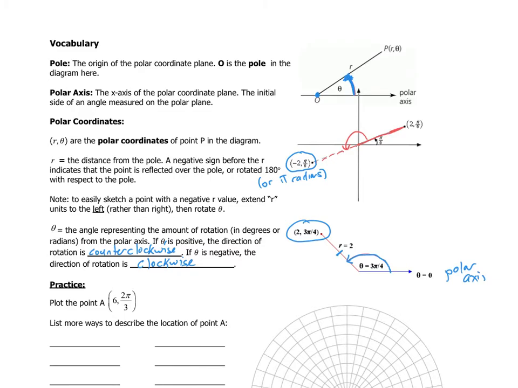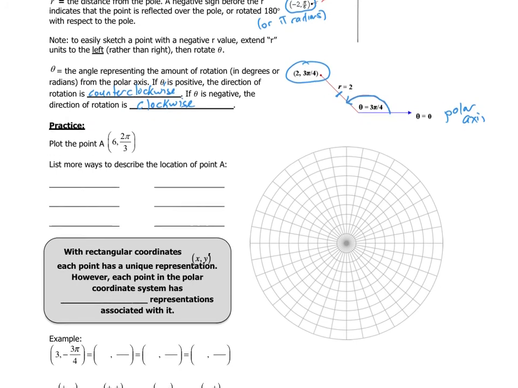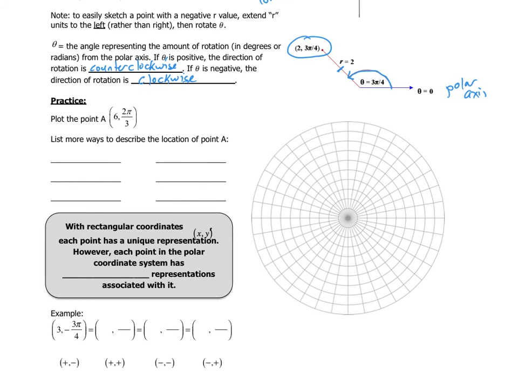Okay, so we're going to practice plotting some points in the polar coordinate system. Here we have a coordinate plane, and I'm going to label some angle measures on it. I'm going to put in the horizontal and vertical just so that it's a little easier for us to see what the angles are.